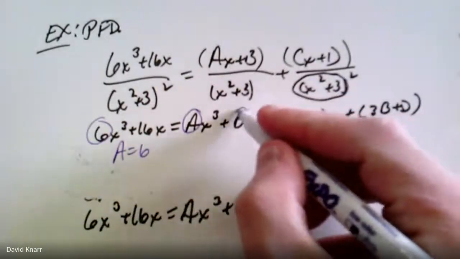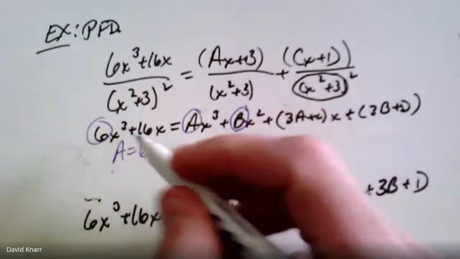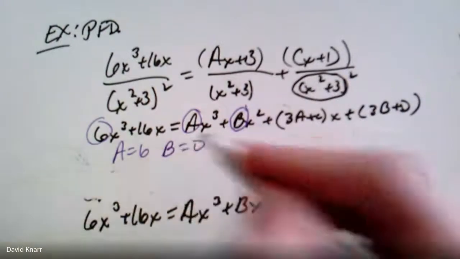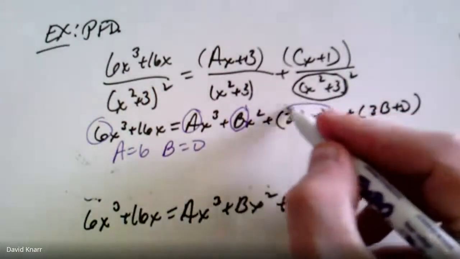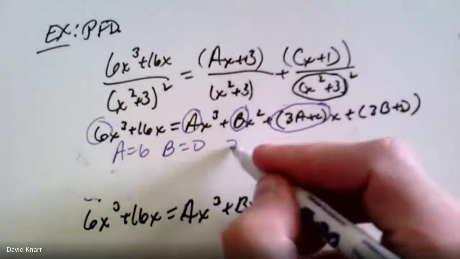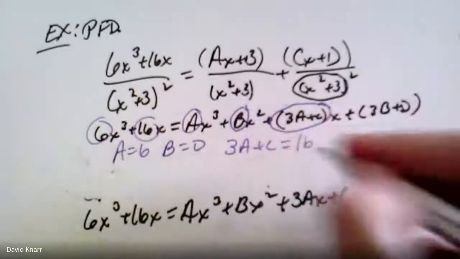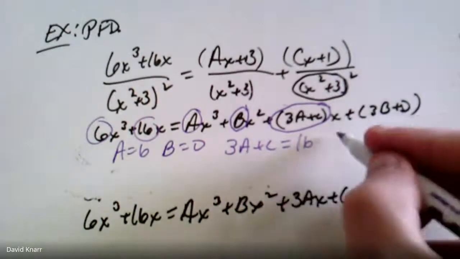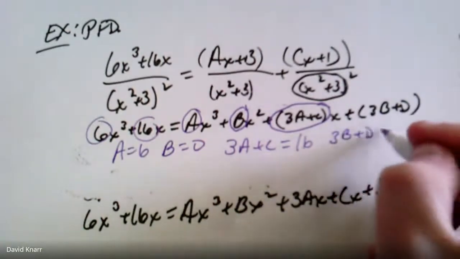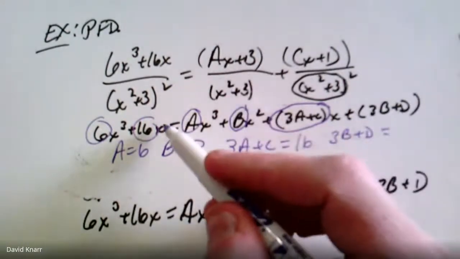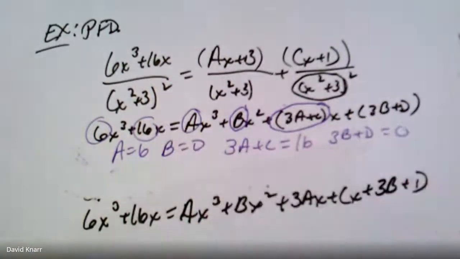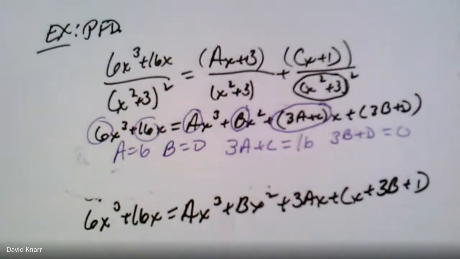And then we have a Bx squared, but there are no x squareds on the left, so B must be 0. We have 3A plus C equal to 16. And then we have 3B plus D, but there's no number by itself on the left, so that must be 0 also.